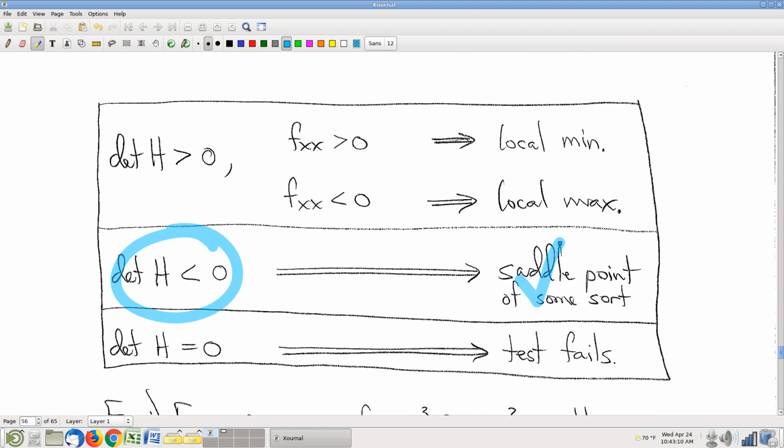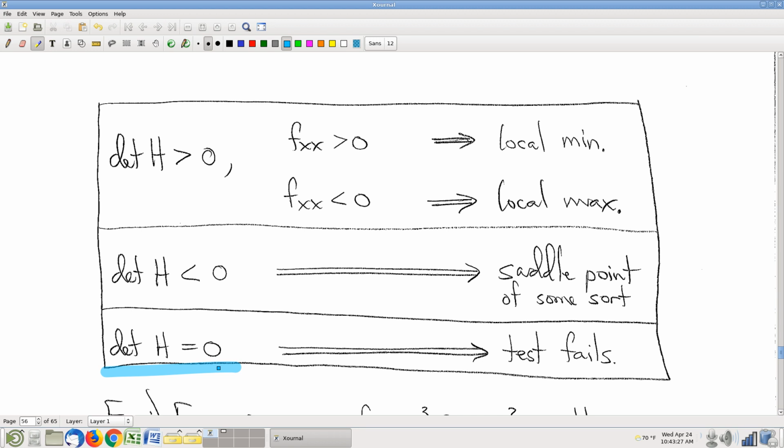Third possibility, the determinant could be 0. And just like in the old single variable second derivative test, there are some cases where the test fails.